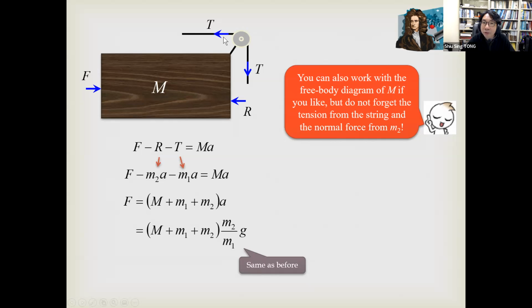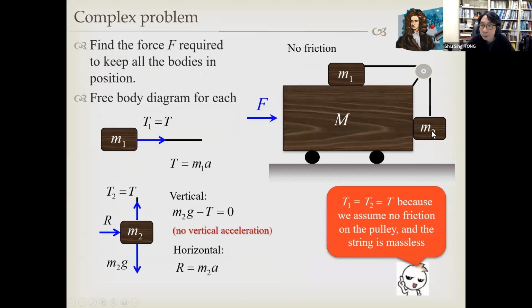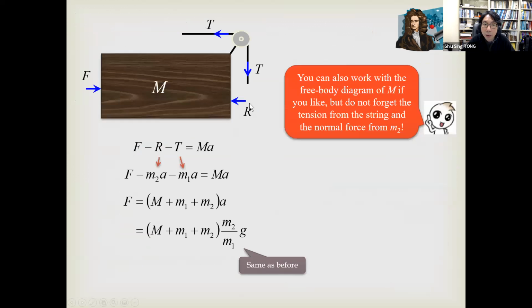So there are 2 tangent forces here, and there's a normal reaction force from the block M2, right? The block M2 has a normal reaction force R acting on the trolley, and of course the pushing force F, right?